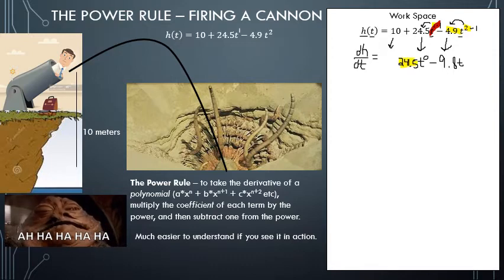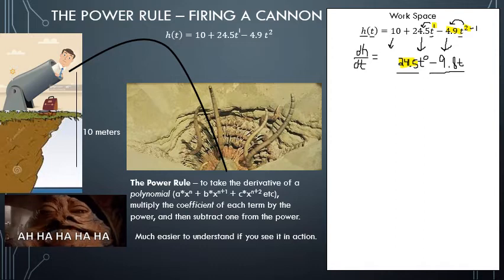That's what you do with a t to the first. It's the same thing you do with a t to the second, except you have a 1 minus 1, which equals 0. So now let's look at the 10. Before we move on, we turned negative 4.9t squared into negative 9.8t. We turned 24.5t to the first into 24.5.